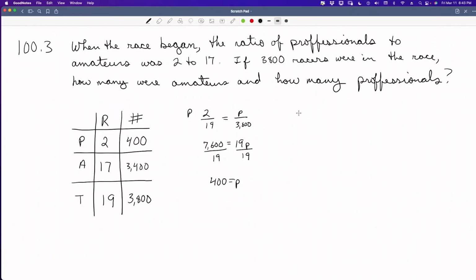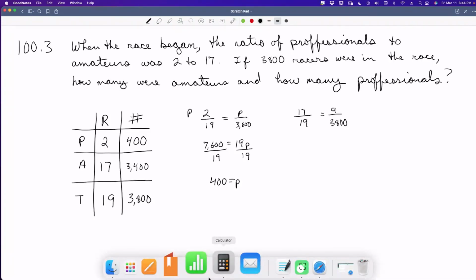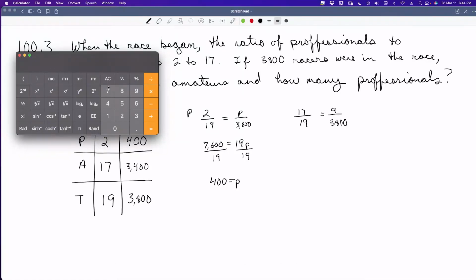So let's check it and make sure. So we had 17 over 19. That was the number of amateurs, or the ratio, or the part of 19 that was the amateurs. And there was 3,800 total. So if we multiply 17 times 3,800, that's going to be 64,600.